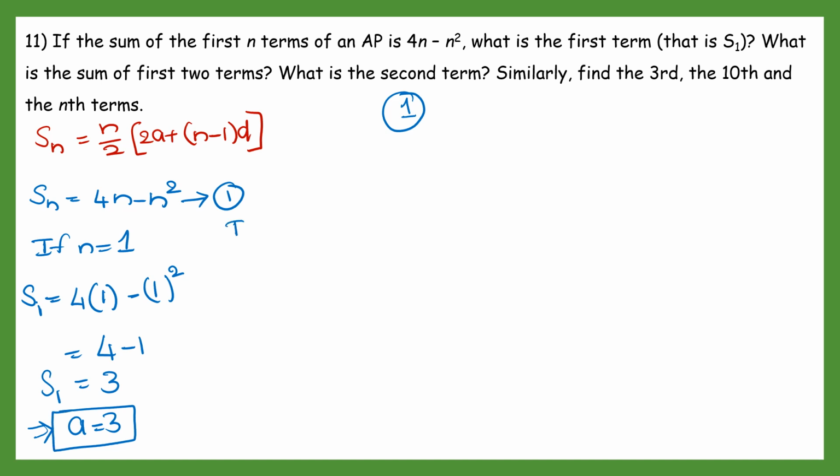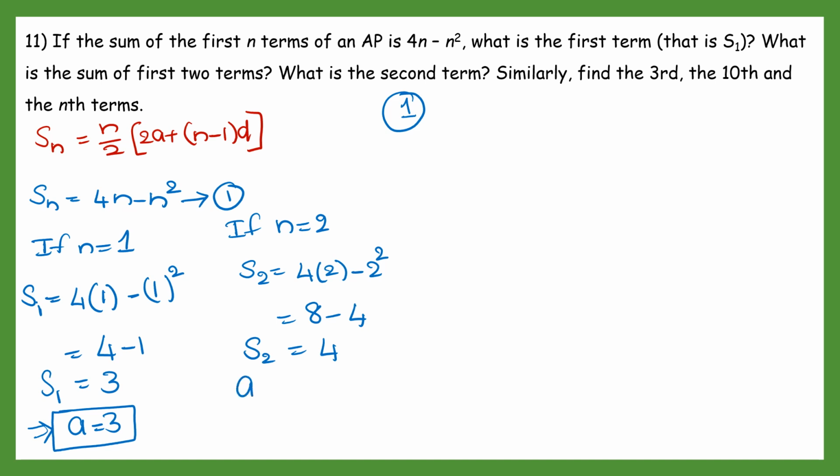Now, if n is equal to 2, why are we finding second term, third term? We need to find common difference. That's why we are finding. S2 is what? 4 into 2 minus 2 square. Substitute value of n as 2 in first equation. 4 into 2 is 8. 2 square is 4. S2 is 4. S2 means what?